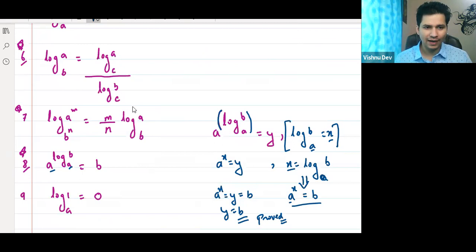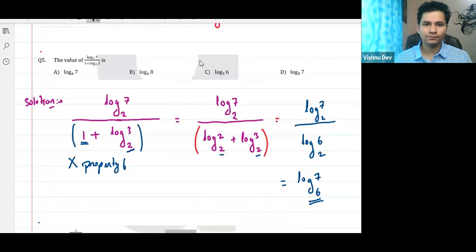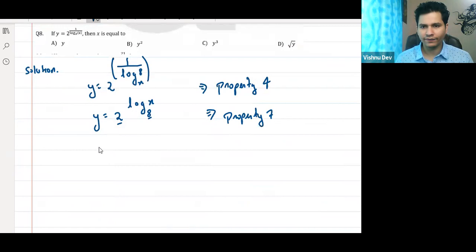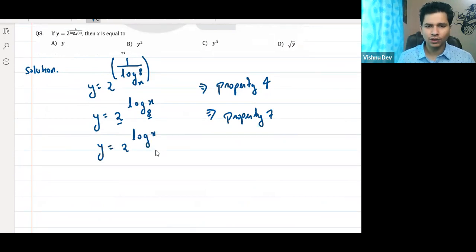Yes, I can use property 7. So after using property 7, I can write y is equal to 2 to the power log x base 2 cube. Now this can be written as 2 to the power 1 by 3 log x base 2.